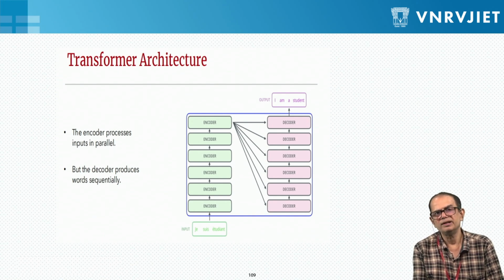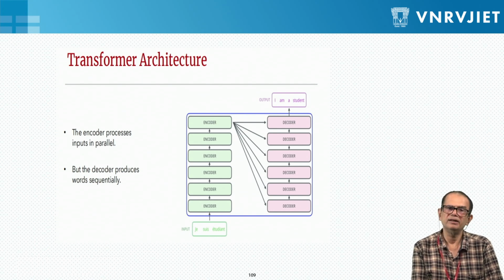So given a particular sentence, we need to do the encoding, and subsequently when we do the decoding, given a particular input in one language, the output can be obtained in a different language. That is what we do in the case of transformer architecture.